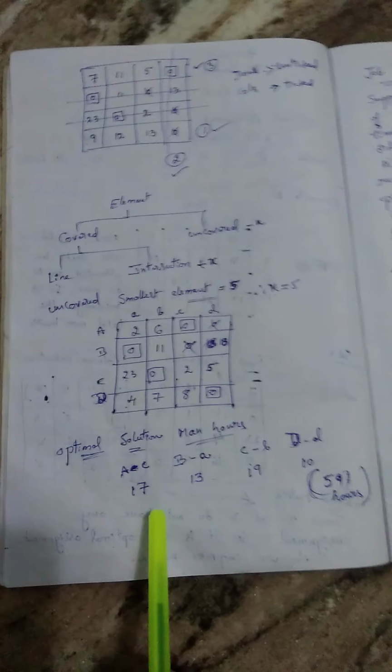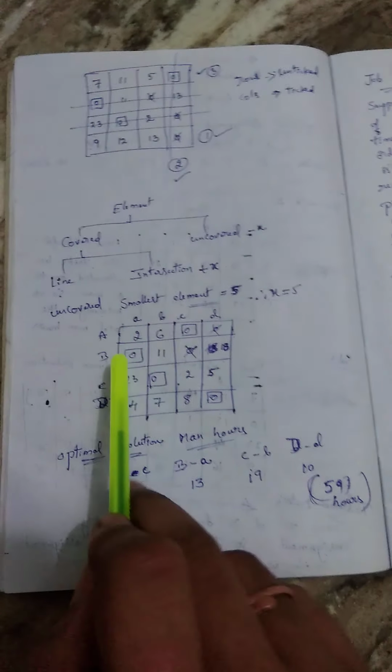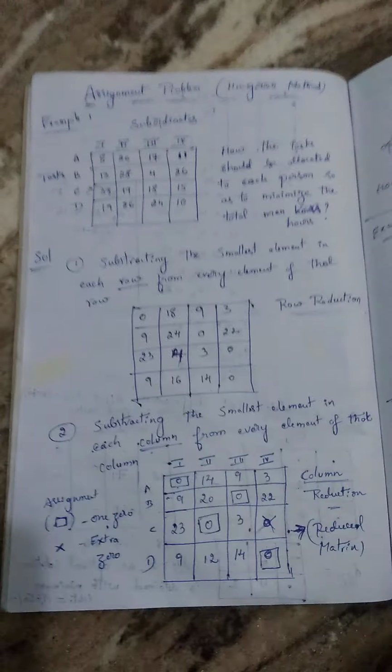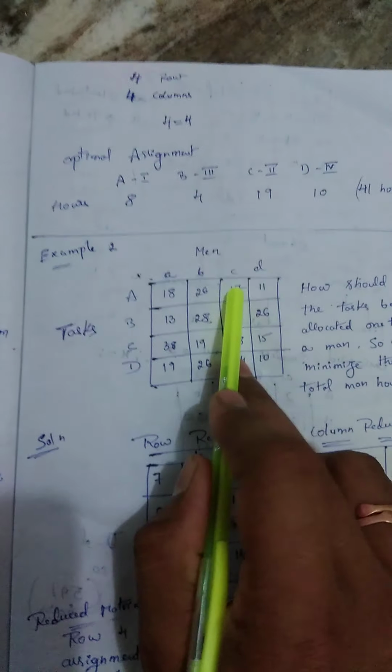Coming to the optimal solution of man hours: A row, C column is 17 hours.